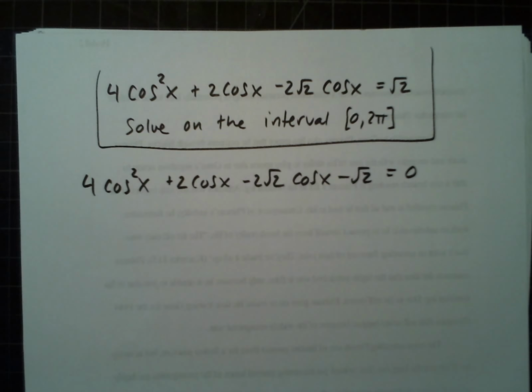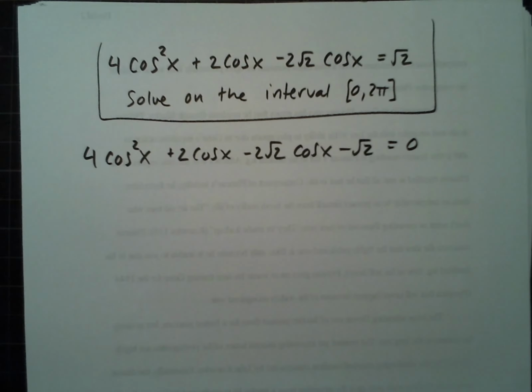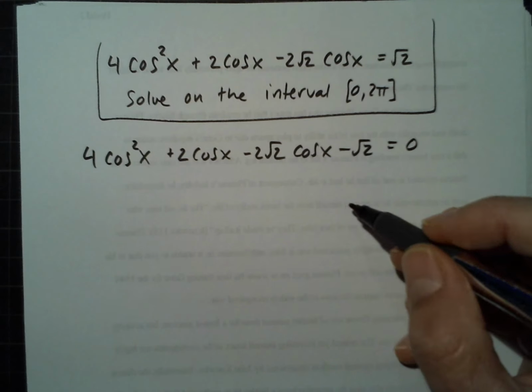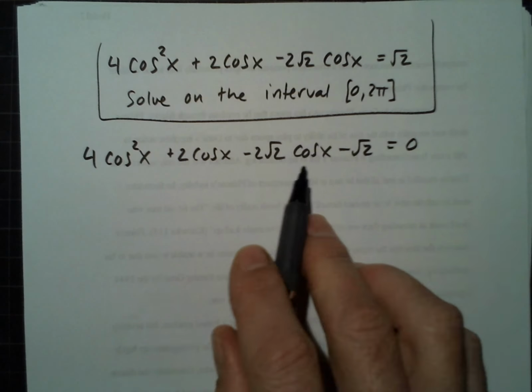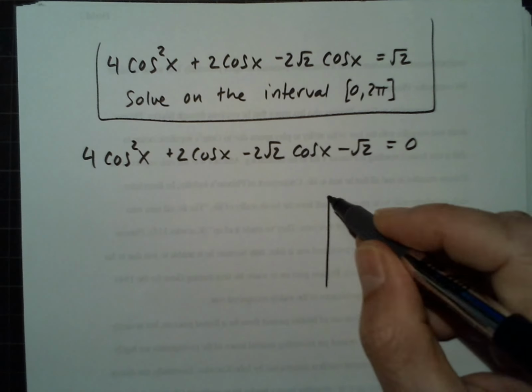And when we have 4 terms, you can always try factoring by grouping. And I think it might be a little hard to see how we're factoring, so you can always do it this way.